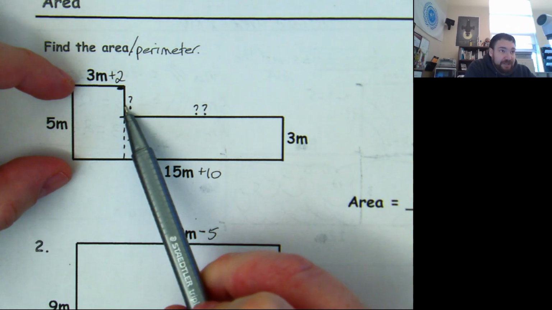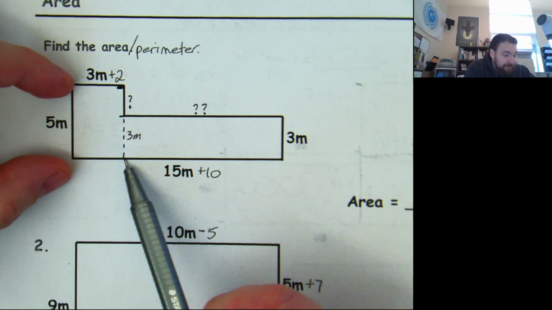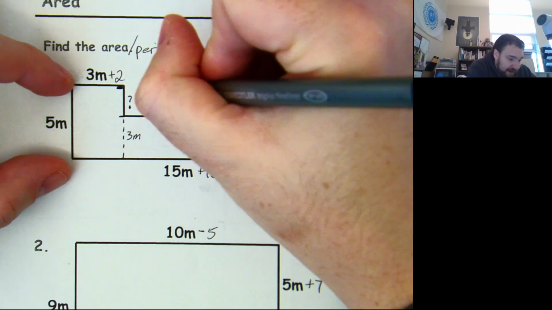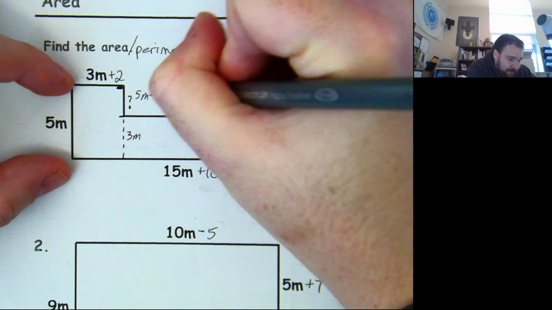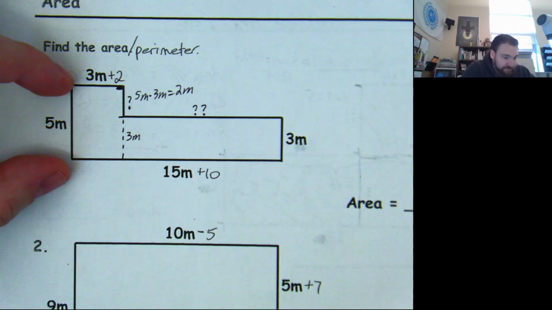So then to find the missing piece, what am I going to do, Jackson? To find this missing piece, what do I have to do? Yeah, I'm going to do 5m minus the 3m to get this piece here. So 5m minus 3m is what? 2m. Cool.